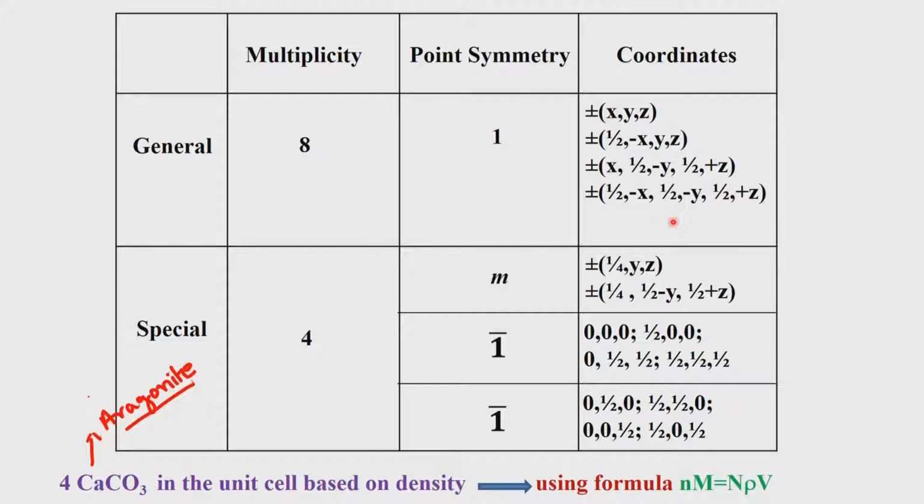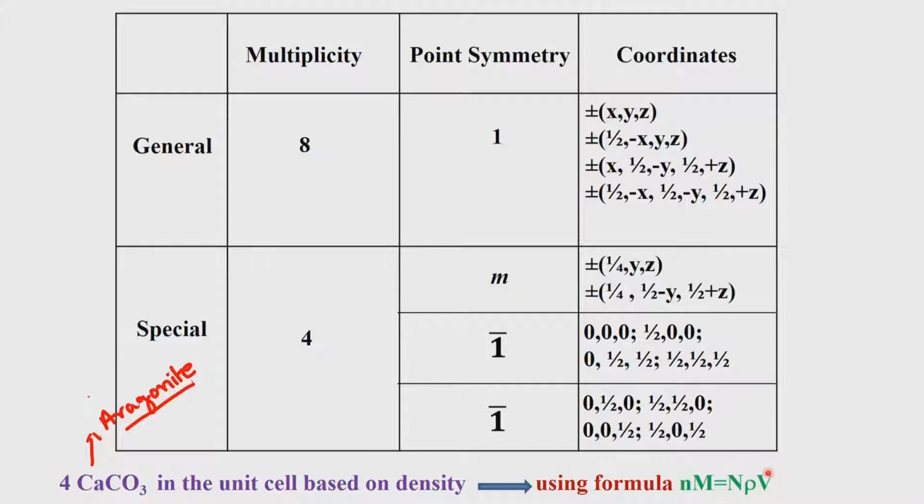The moment we know it is PMCN, we know that this is orthorhombic number 1 and number 2 there are 8 general positions and 4 special positions as indicated here. There are 8 general positions, 4 special positions corresponding to a mirror symmetry, a 1 bar symmetry and a 1 bar symmetry. Then based on the knowledge of the density which has been measured using this methodology we just described, we know the volume, we know the density and we know the Avogadro number.